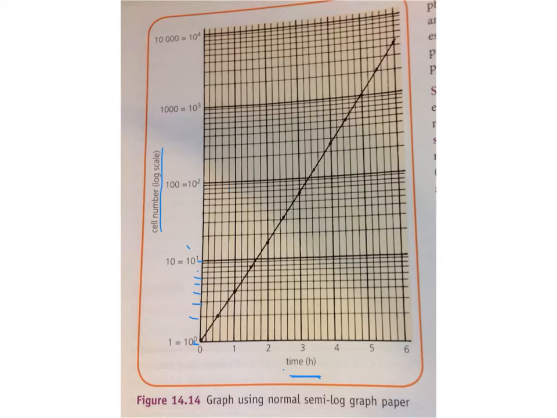Now, in each of these successive cycles, the values are 10 times greater than the cycle before. So when we get to 10, now we're going up to 20, 30, 40, 50, and so on up till we get to 100. And then in the next cycle, it's now 10 times greater again.